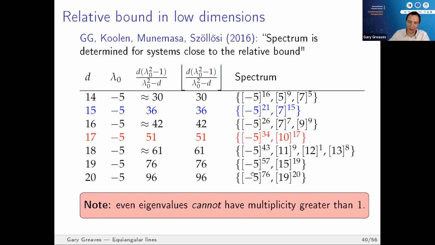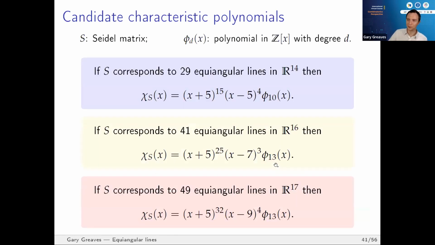But we can show that even eigenvalues cannot have multiplicity greater than 1. So I'll try to make sure I get to at least that slide before the end to show you how that works. And we can also kill off the rest with various techniques. So I won't go into all the techniques, but we can one by one go and show non-existence of Seidel matrices having these corresponding spectra.